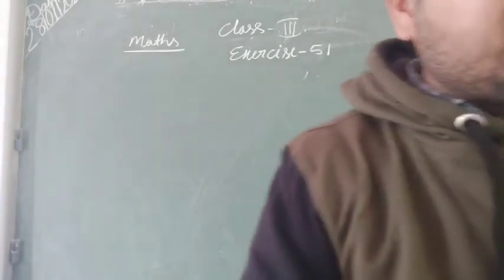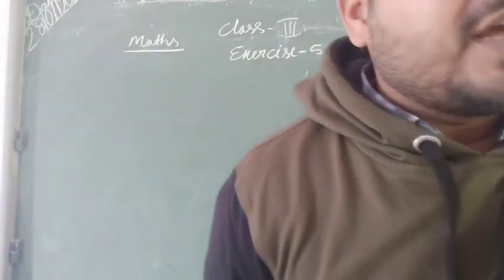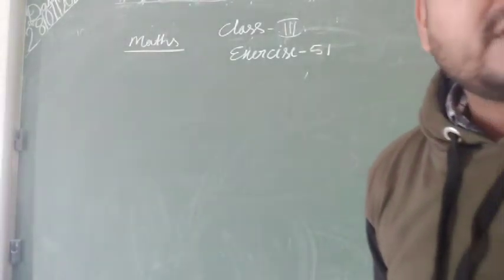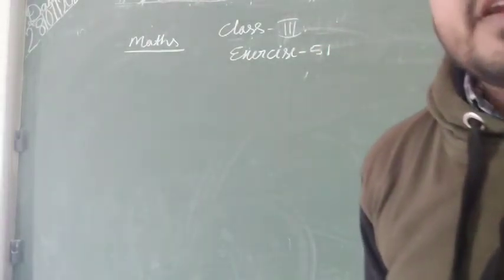Question number 9 is this. Renu weighed 30 kg 360 gram. She fell ill and lost 3 kg 485 gram. What is her weight now?